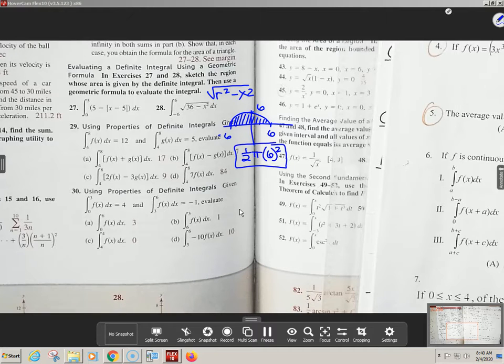But in the practice test, if you're only going a quarter circle, it's not going to be 1/2 pi r squared. It's going to be 1/4 pi r squared. Kyle, you see it? And if we rearrange that square root and square both sides, it's x squared plus y squared is r squared. That's the normal form of a circle that we're used to. This is just the function form, and it's only half because it's the positive square root, not the negative, so it doesn't have the lower portion.